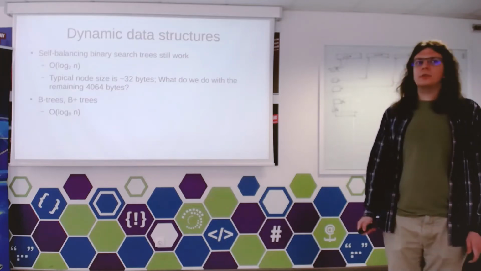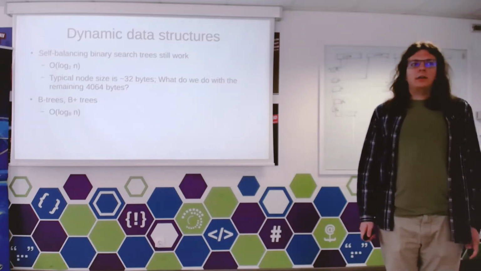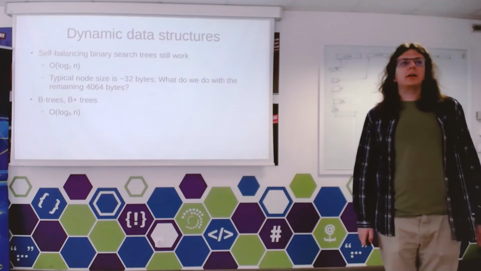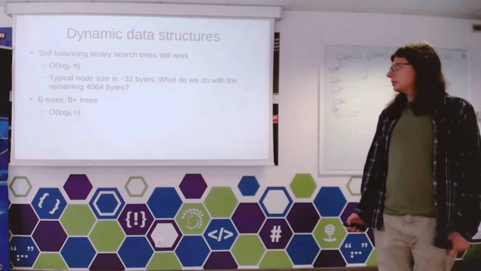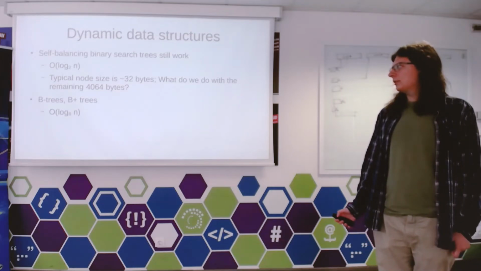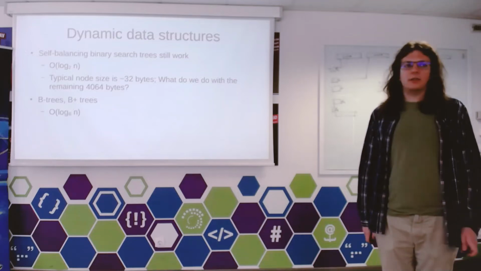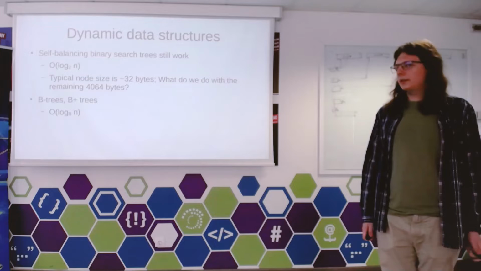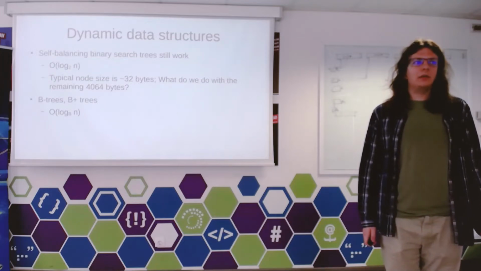Yes, that can be used, but in a typical binary search tree, the node size is something like 32 or 64 bytes. And when you send a request to the disk, it only deals with multiples of 4096 bytes, so there's lots of waste, lots of data you're reading that isn't really useful.